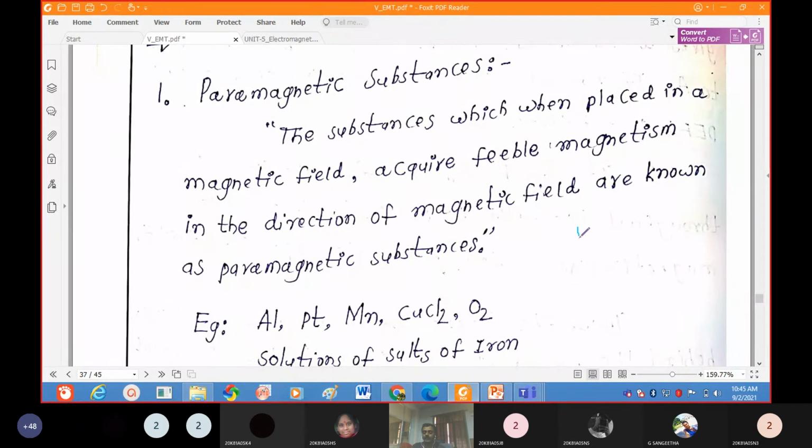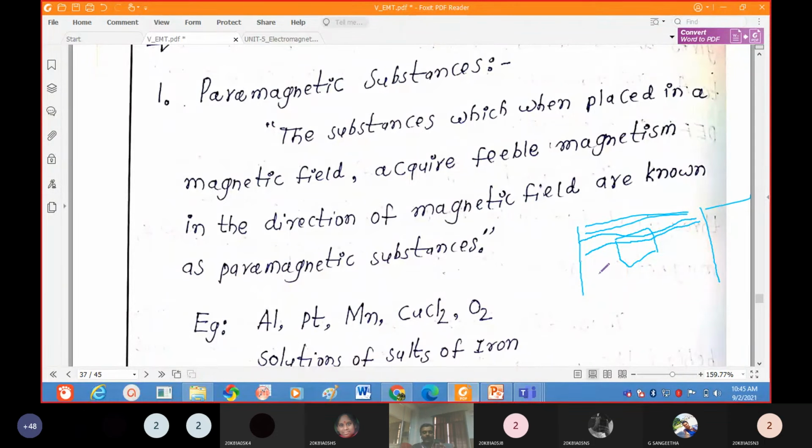Now if this is the magnetic field here, and you place the paramagnetic material in that field, the magnetic field direction will be like this. The magnetic field lines bend towards this paramagnet.